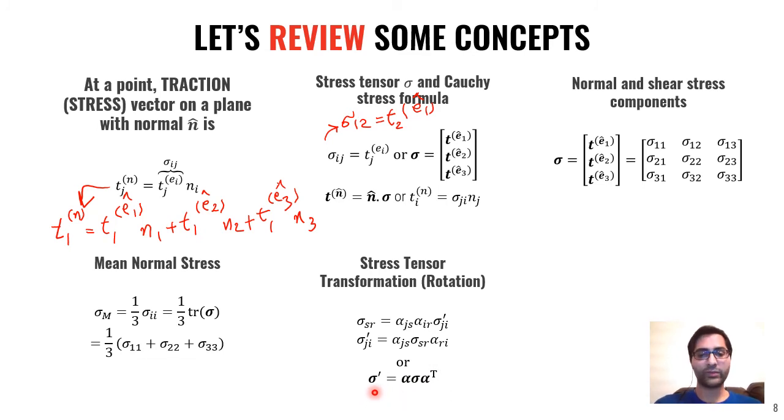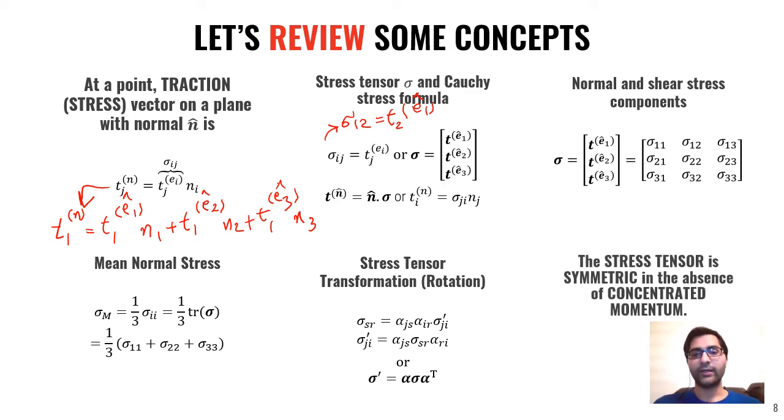If we name the rotated frame the prime frame, sigma prime, the rotated or transformed stress tensor, is equal to alpha, the rotation matrix, which is a 3×3 matrix, times sigma times alpha transpose. Here it is in the index notation format.